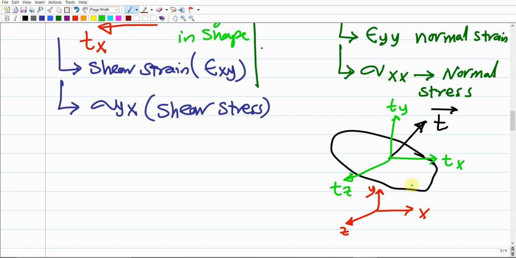But there is another option. Let us assume that this surface has a normal n. As you can see, this is the direction of n, which is the normal to this surface. It means that this surface is not oriented to the x-axis, the y-axis, or the z-axis.